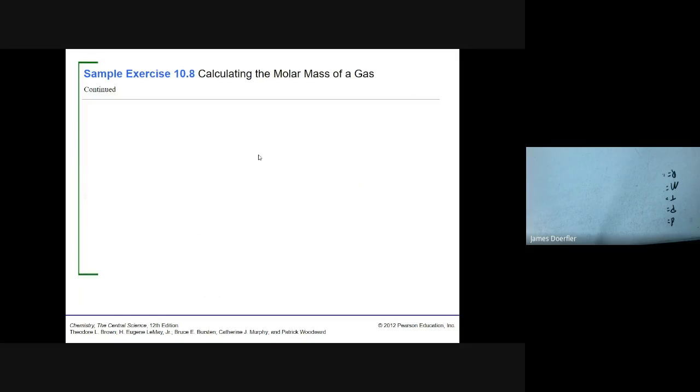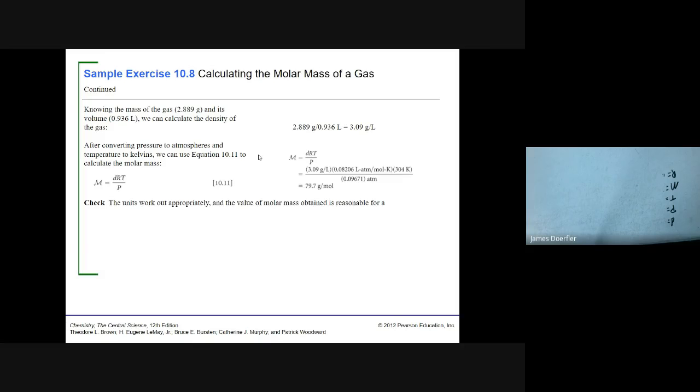For the practice exercise, we are calculating for the molar mass of the gas. The question says, calculate the average molar mass of dry air if it has a density of 1.17 grams per liter at 21 degrees Celsius and 740 torr.